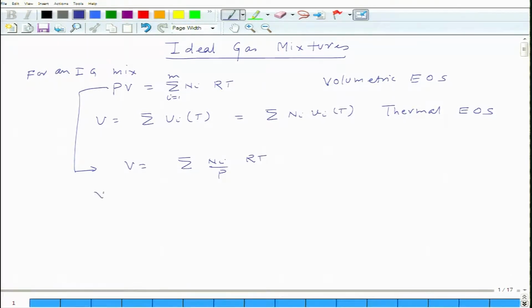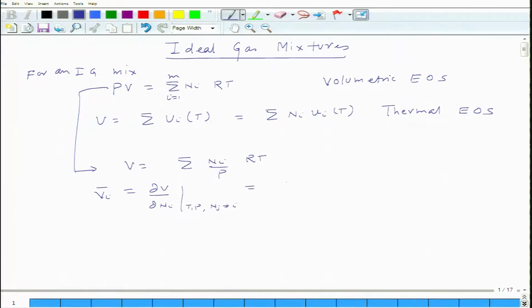And now we can obtain Vi, which is a partial molar property of component i for the ideal gas, as simply del V by del Ni, keeping temperature, pressure and the moles of all other components constant.